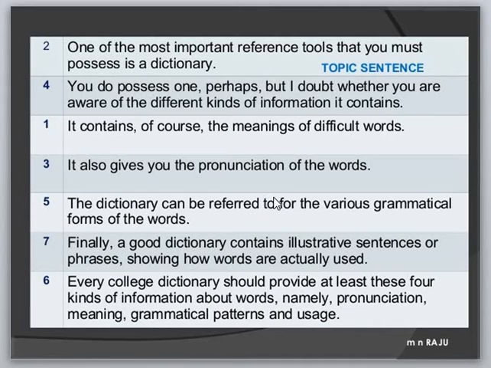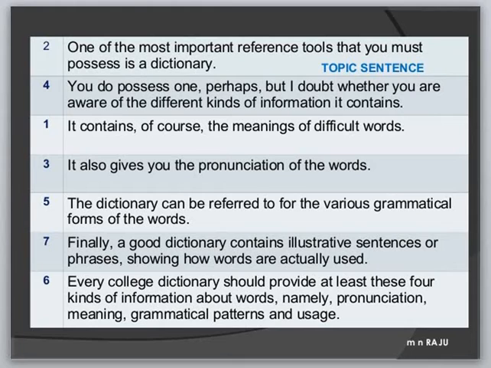The dictionary can be referred to for the various grammatical forms of the words. Finally, a good dictionary contains illustrative sentences or phrases showing how words are actually used. Every college dictionary should provide at least these 4 kinds of information about words, namely pronunciation, meaning, grammatical patterns, and usage.